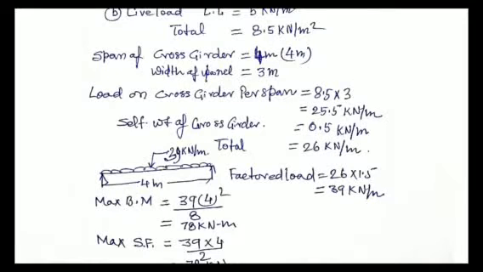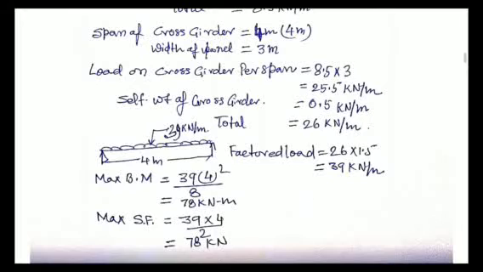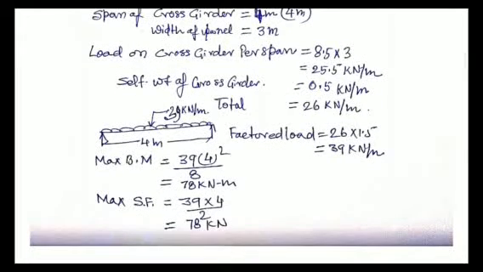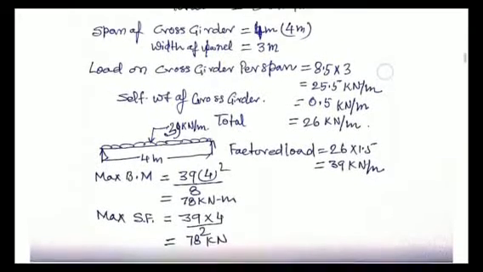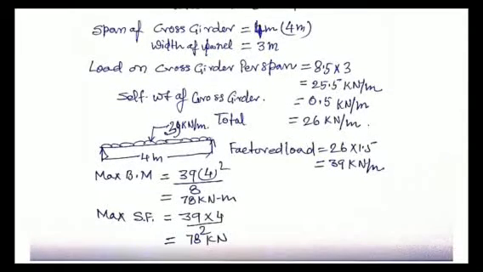So width of panel is 3 meter. We have to find out per meter length load, so load on cross girder per span. Per span load on cross girder will be for 3 meter because the panel length is 3 meter.